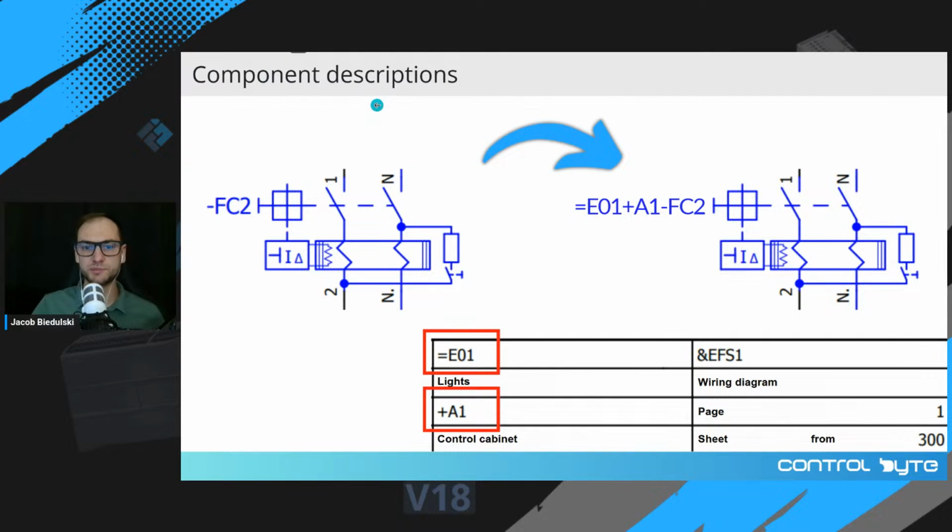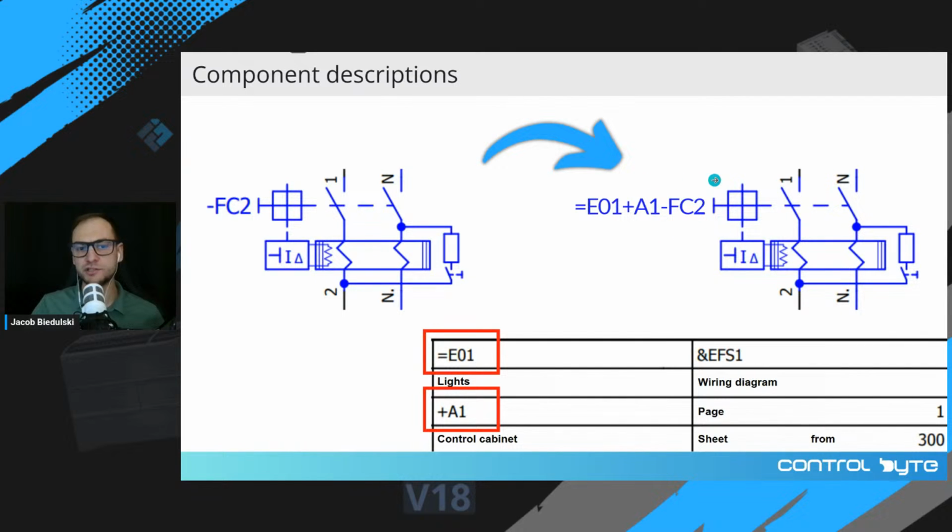Components and description. In electrical schematic, you will find some components, devices with different naming conventions. On the left, you can see the name of this particular device. And it starts with minus and then the name FC2. On the right, you can see the full name, minus FC2.